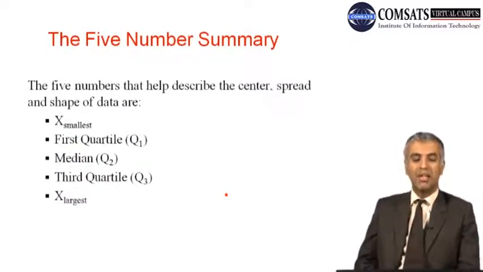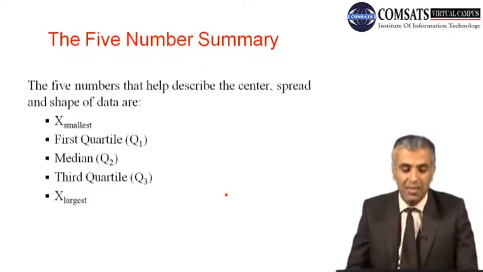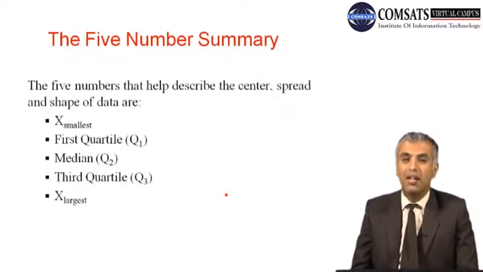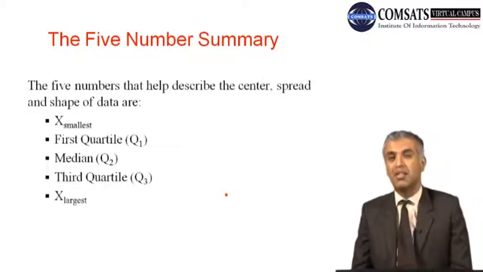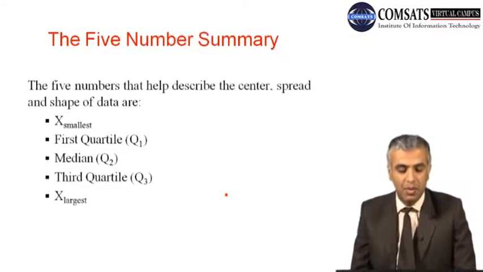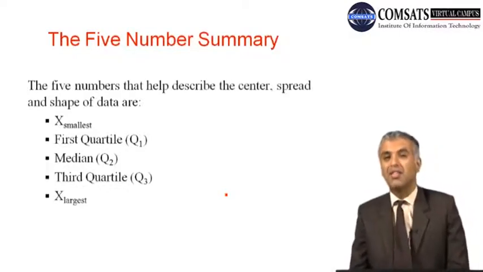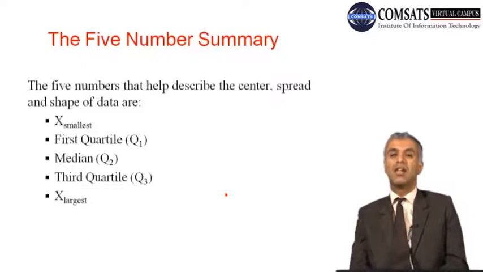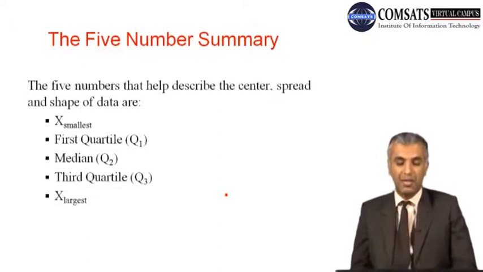Thus there is a simple summary, in which the spread and shape of the data can be described as the smallest value of x, then the first quartile, then the second quartile, which is also termed the median, then the third quartile, Q3, and last but not least, the largest value of x.